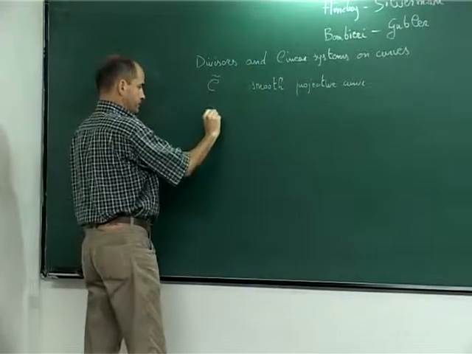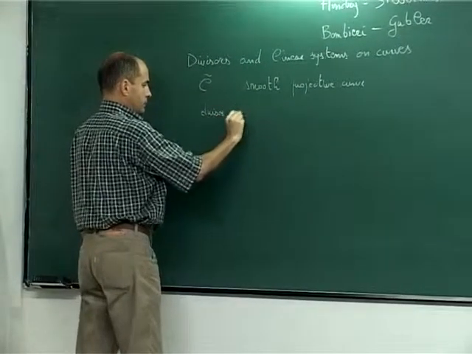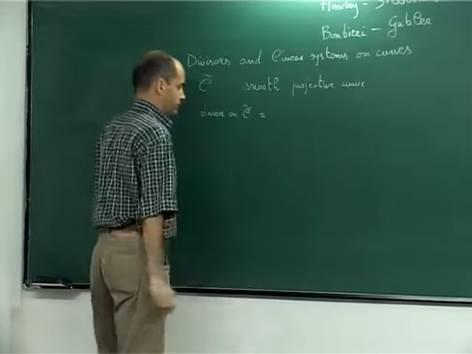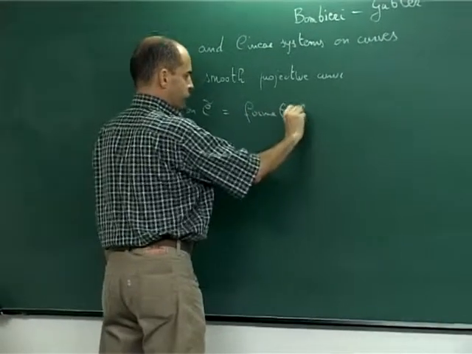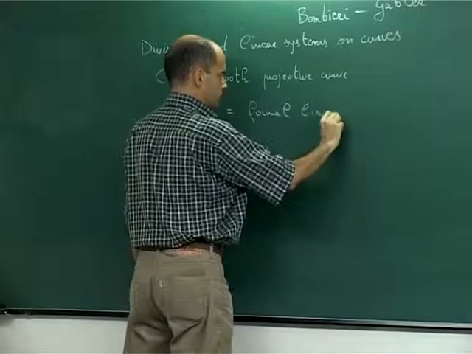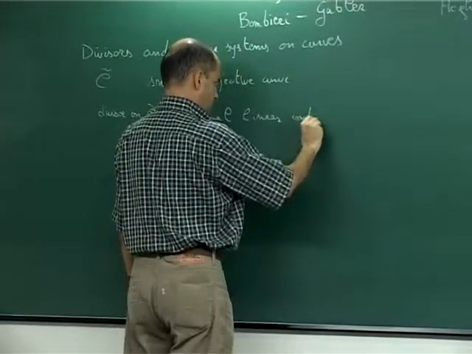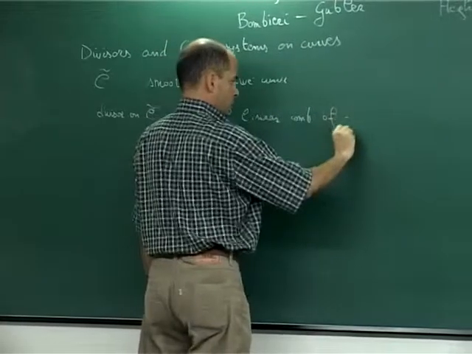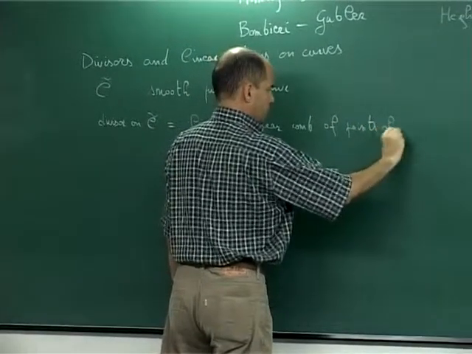A divisor on C tilde is a formal linear combination of points of C tilde.